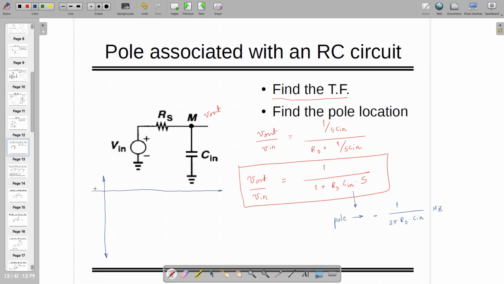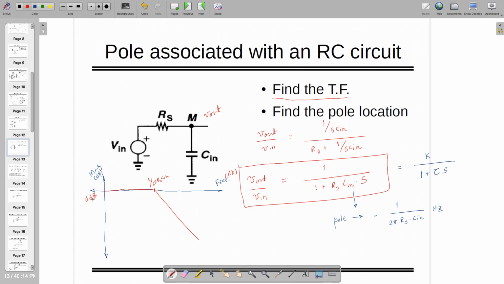When you're going to draw the frequency response, this is actually a DC gain, what you have already, where k is equal to 1. So frequency with respect to magnitude in dB is going to give you this kind of thing, where this is 0 dB, right?